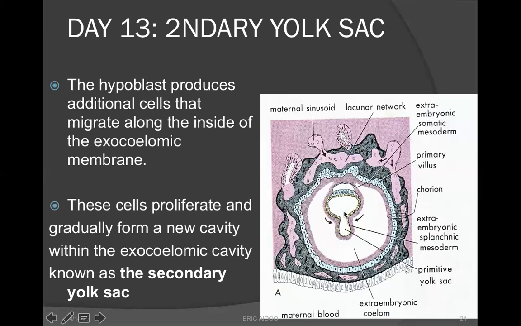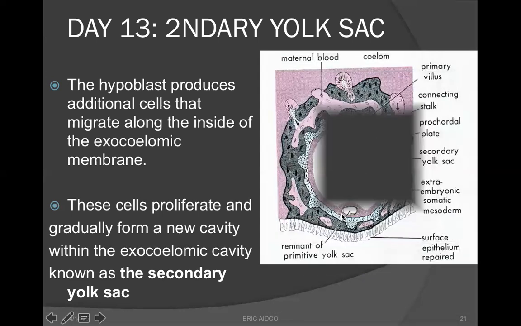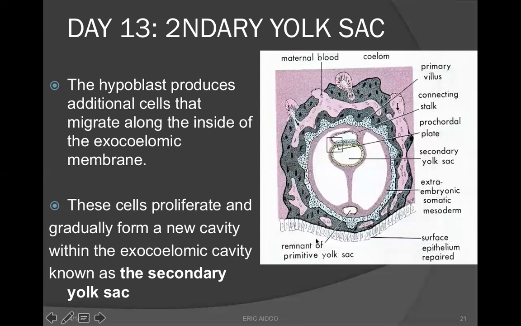So it will change from the primary yolk sac to the secondary yolk sac, and it will also pinch off. Portions of the primary yolk sac will pinch off and will not be part of the secondary yolk sac. Whatever is left will join and become the secondary yolk sac. You can see that the remnant of the primitive yolk sac is getting to the bottom, like at 6 o'clock, if it is a clock, and the rest become the secondary yolk sac.